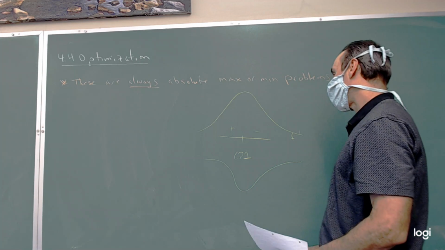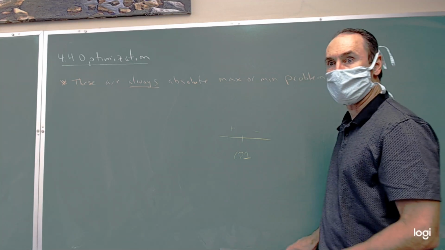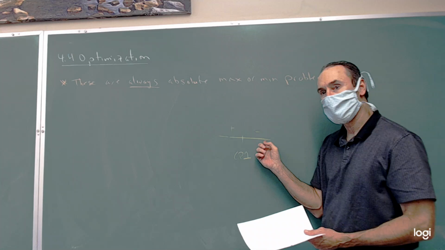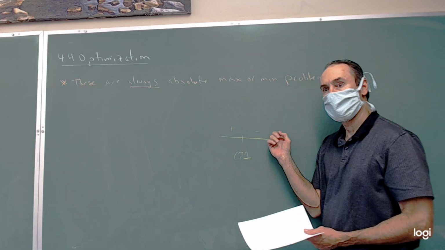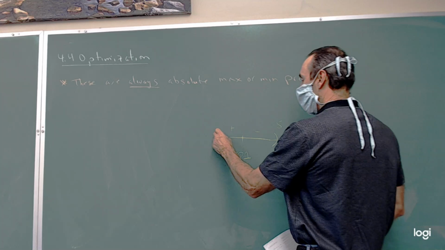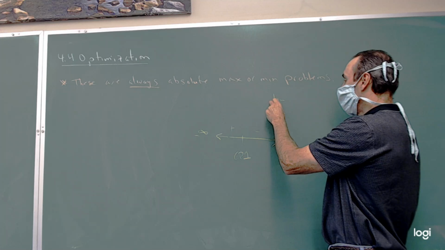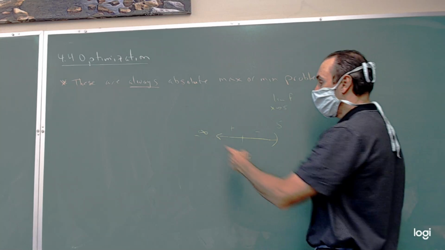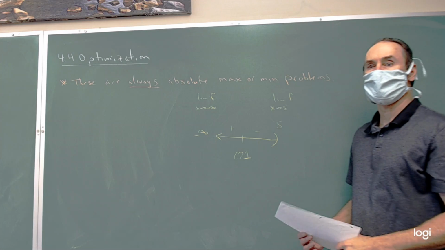Now, if it's not the only critical point, then the argument gets tougher. One option is to, instead of plugging in the endpoints, take the limit as it approaches those endpoints. So that might be, if this was 5 and that was infinity, then you might have to take the limit as x approaches 5, not of the derivative, but of the original function, and the limit as x goes to negative infinity of the original function.